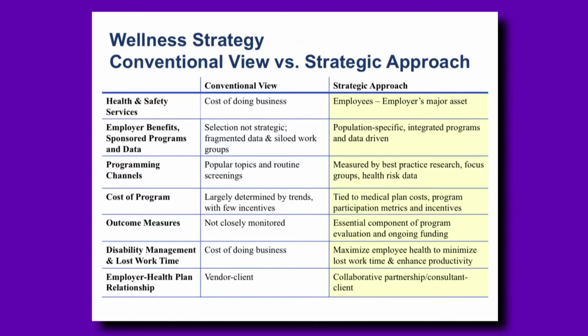Maybe some are the night shift, different intervention. Maybe some work in one part of the state or city, different intervention. Some of a certain age, different intervention. Some have different risk factors. And then in terms of your programming, it's tailored and it's customized. You also tie the cost maybe to your health insurance plan, and you look at more robust outcome measurements.